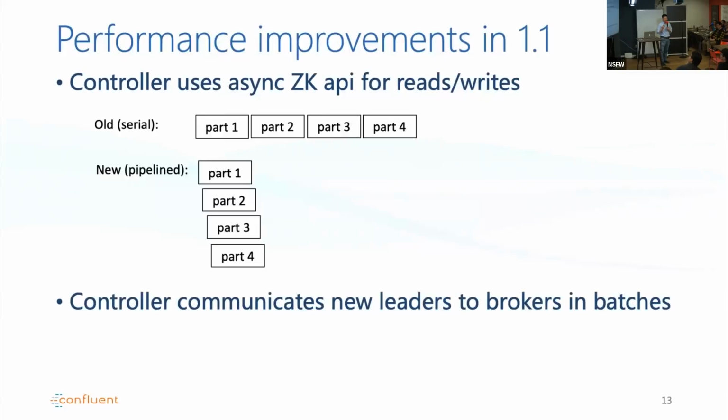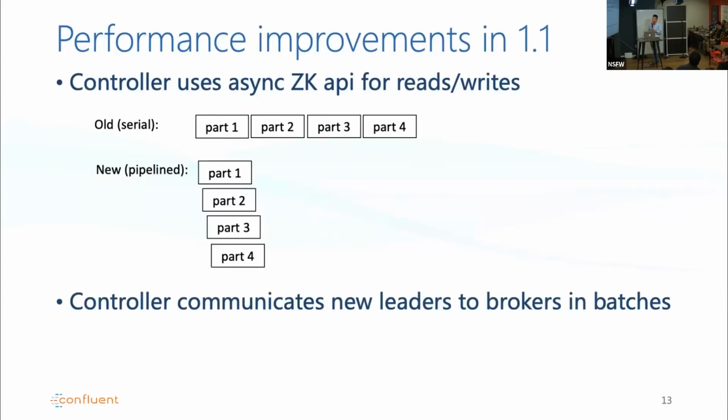If you want to write multiple partitions, we'll initiate the write for the first partition, and before it completes, we'll initiate the second one, then the third one. As those things are happening, some of them can potentially be batched together and done in parallel. And in the end, we wait for everything to be completed.